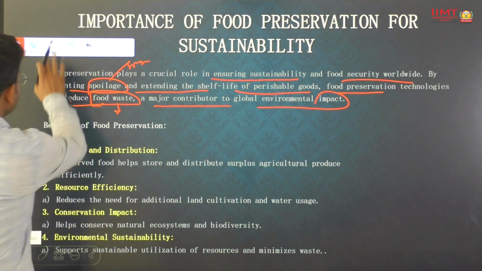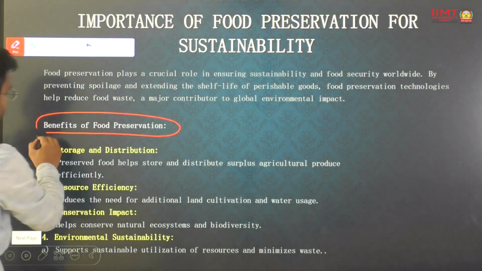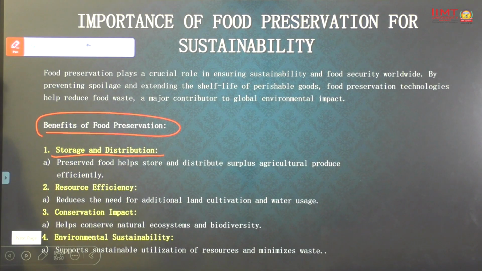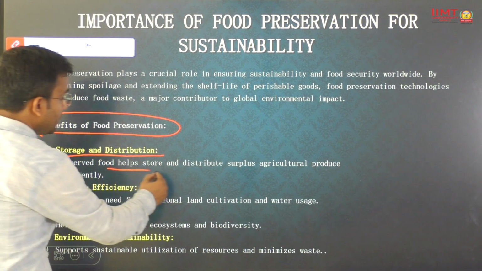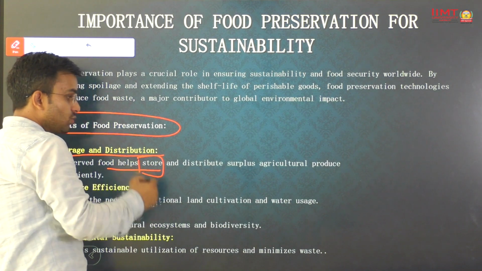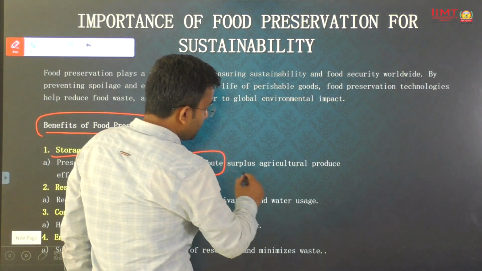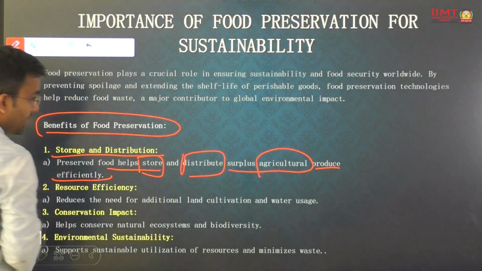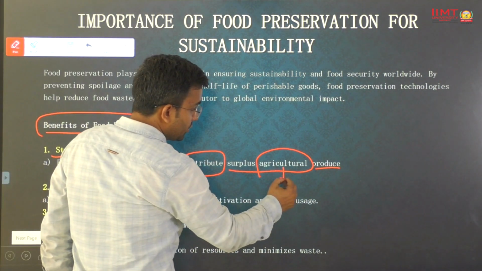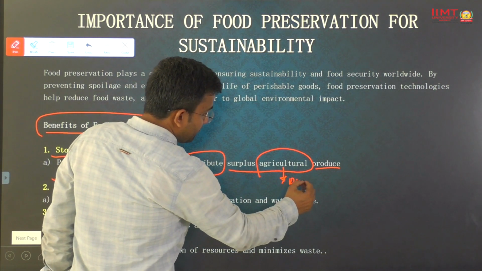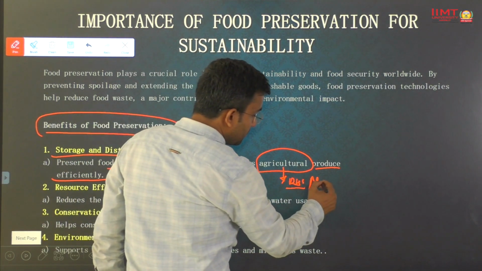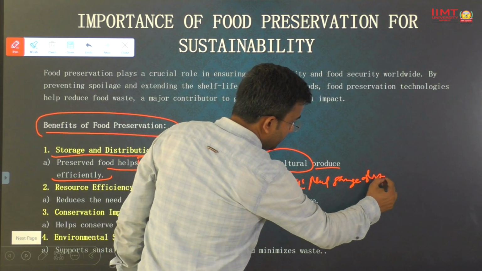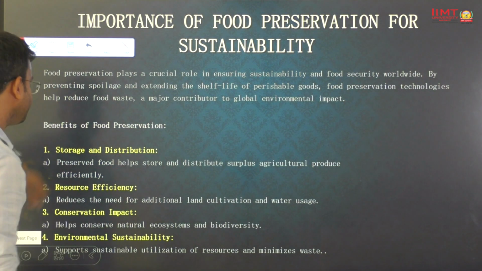So here are some benefits of food preservation. First is storage and distribution. It means when we preserve the food, we have time to store and time to distribute surplus agricultural produce efficiently. If we produce much more, we can store and distribute it when needed.